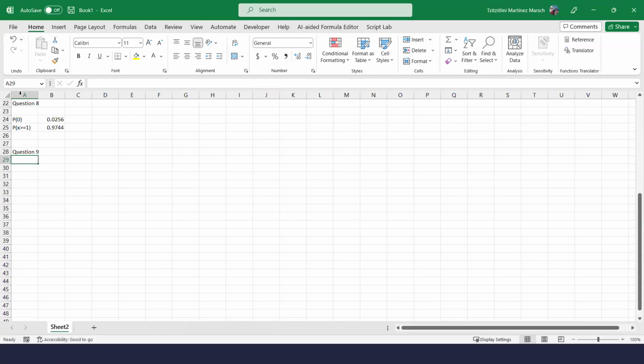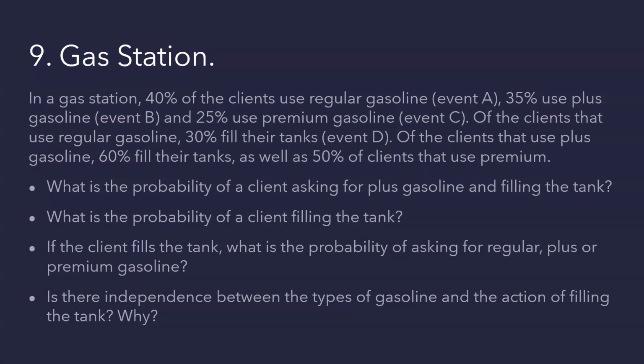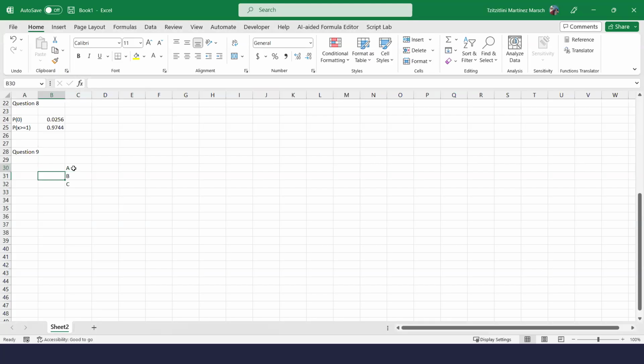And let's start with this because this is going to be a table. So we know A, B, C. And one is regular, plus, and premium. I'm just going to make a side note because I won't remember. Regular, plus, premium. Okay, there it is.